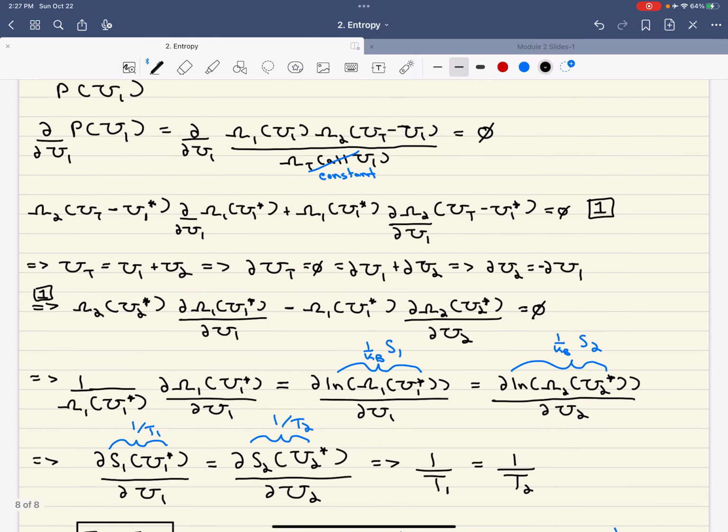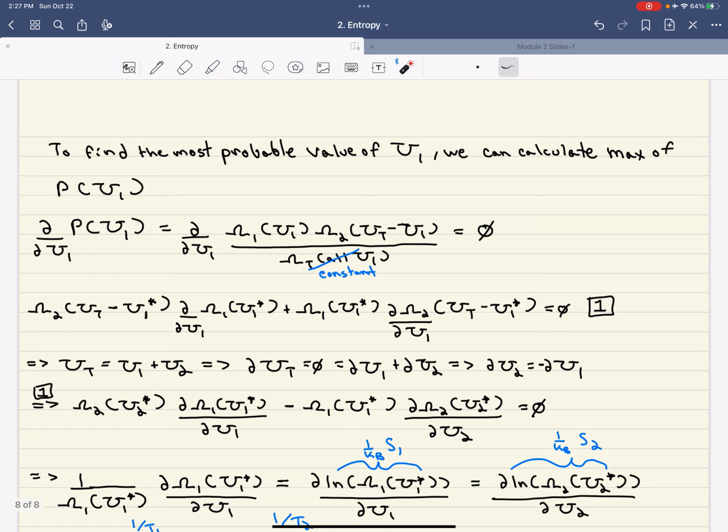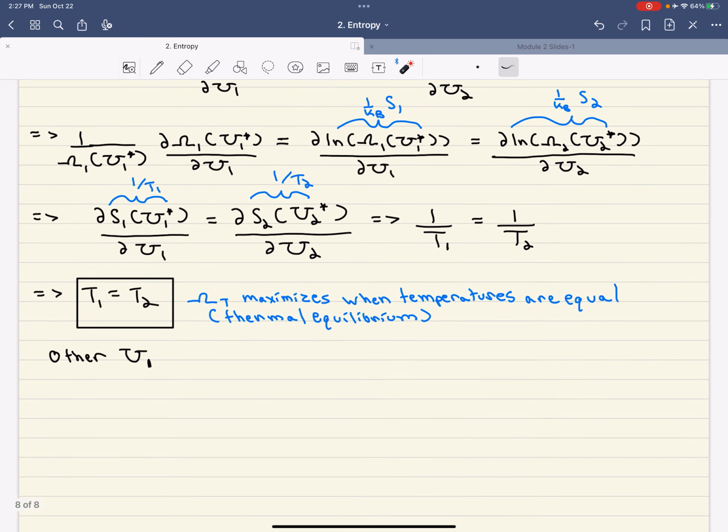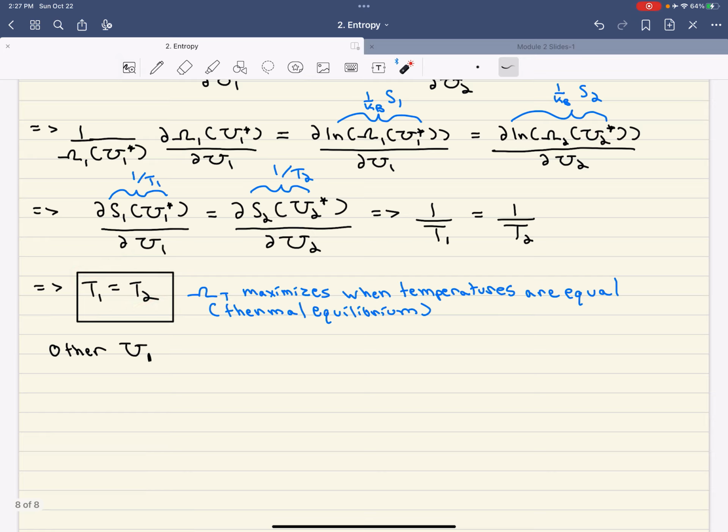So just remember what we were doing. We were just trying to find the value of U1 that had the highest probability. And that value of U1 occurs when the temperatures of system 1 and system 2 are equal. Other values of U1 can occur.